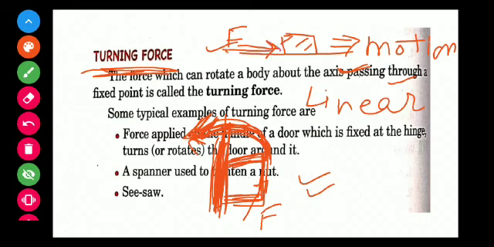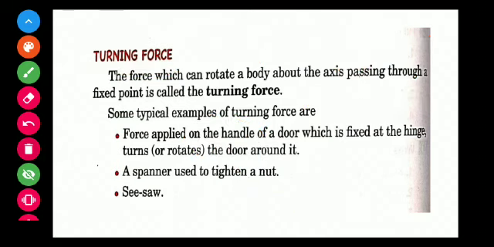If due to the effect of this force there is a linear motion, but if we apply a force on a door, then the turning effect is there and the door rotates about a fixed point or about a fixed axis. The force which can rotate a body about an axis passing through a fixed point is called turning force. For example, force applied on the handle of a door.